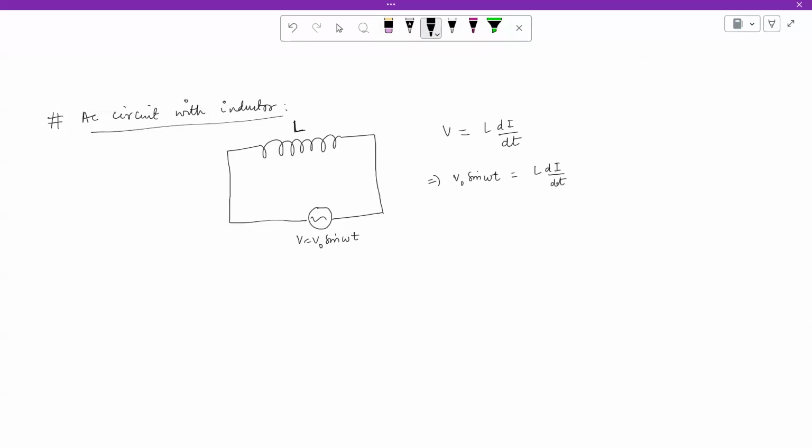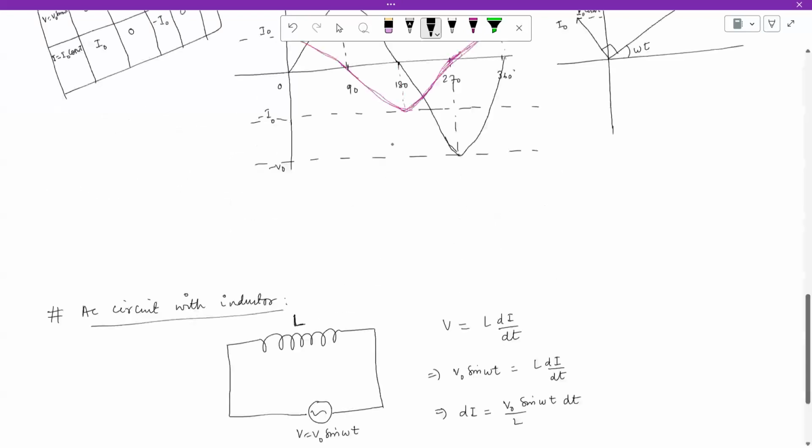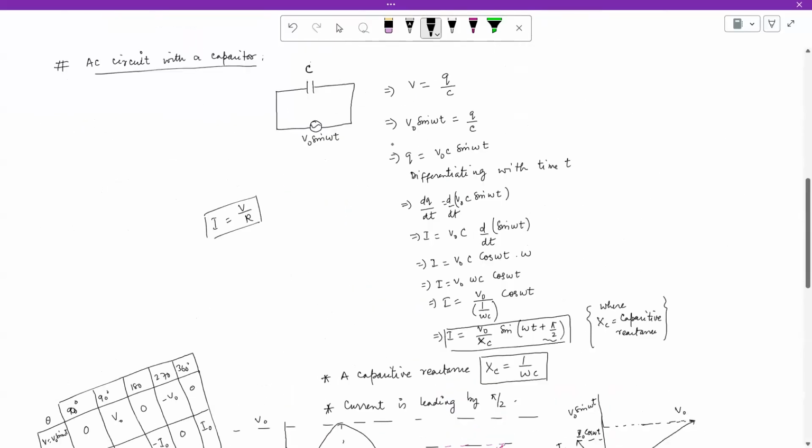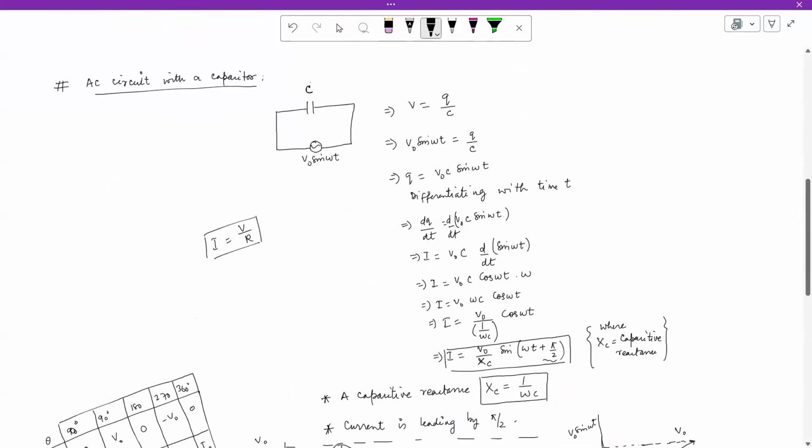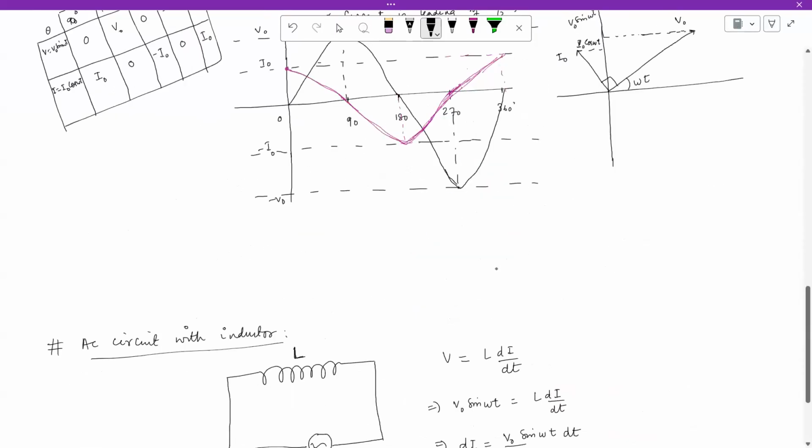But what is the aim? The aim is to calculate the current, right? So di would be V naught by L times sine omega t dt. In the previous case, we had charge, so we differentiated to get current.